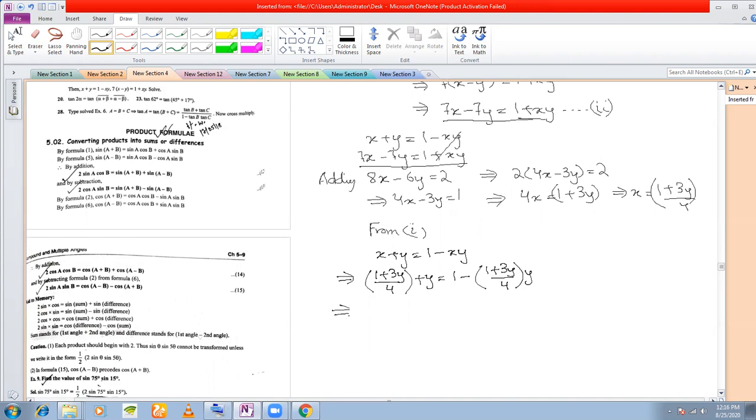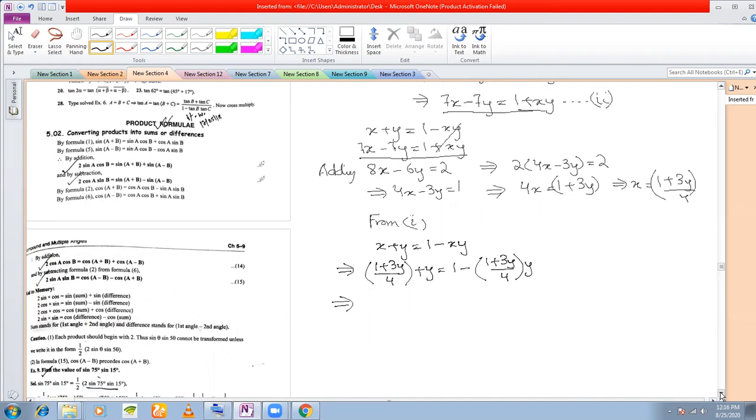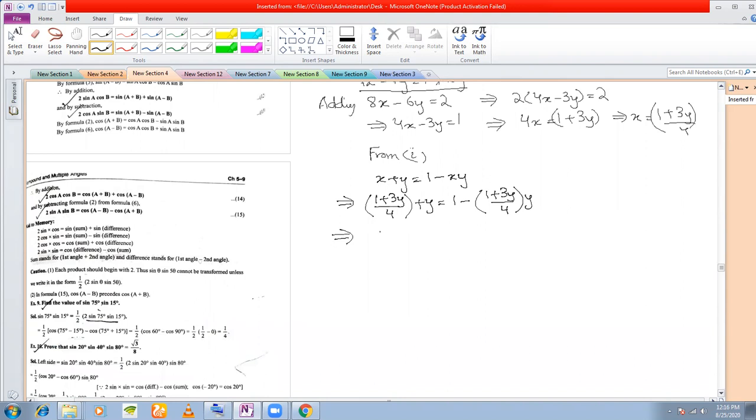Now we simplify, we'll get a quadratic in y. So let's simplify. We get 1 plus 3y plus 4y by 4 is equal to 1 minus y plus 3y square by 4.